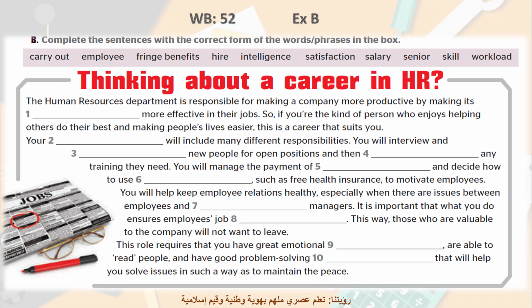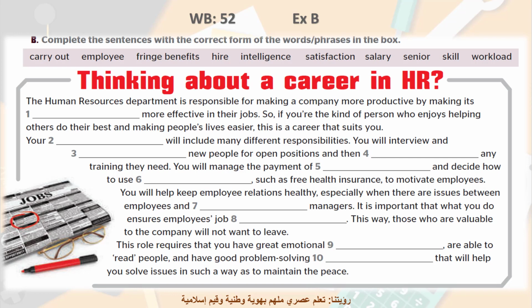Carry out. What does it mean? To carry out means to do something. Yes? Okay. What about employee? Employee is the person who works for somebody. All right? What about fringe benefits? Yes, the side benefits. What about hire? Hire someone means to give him a job.